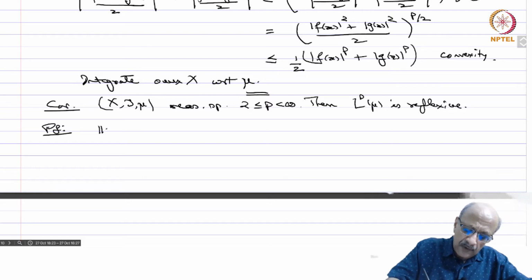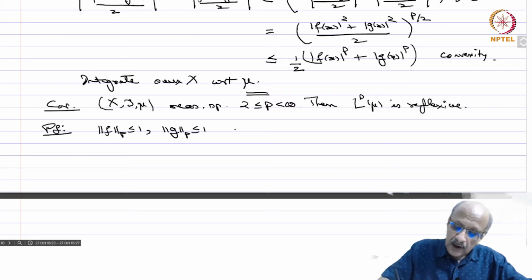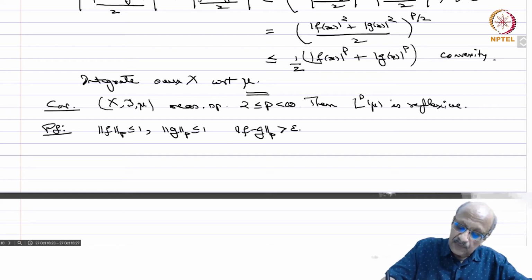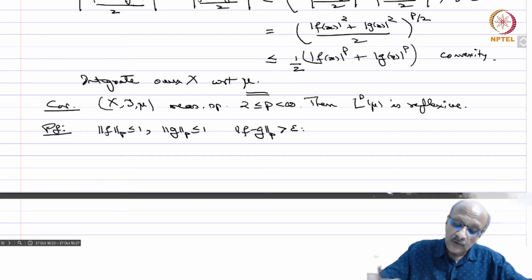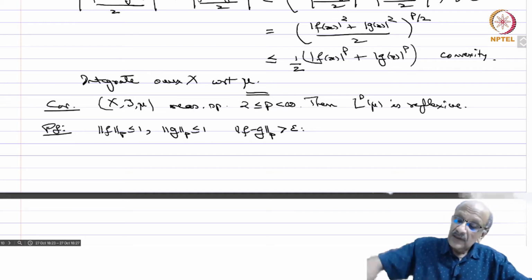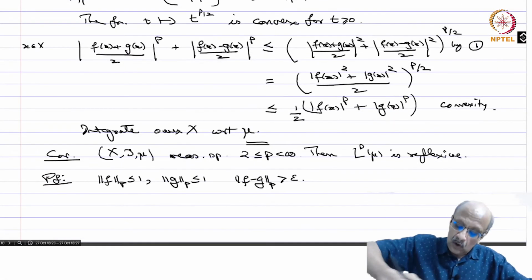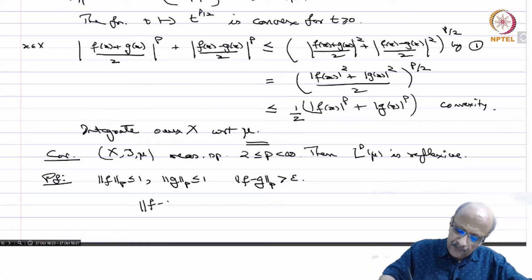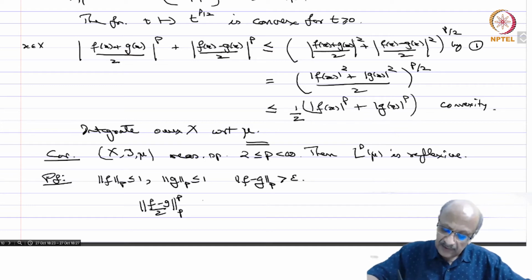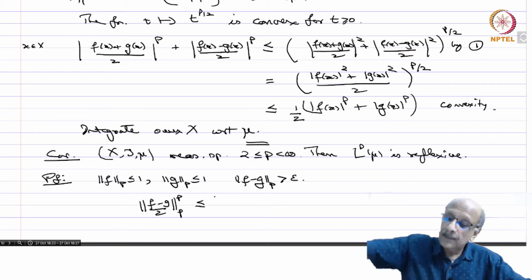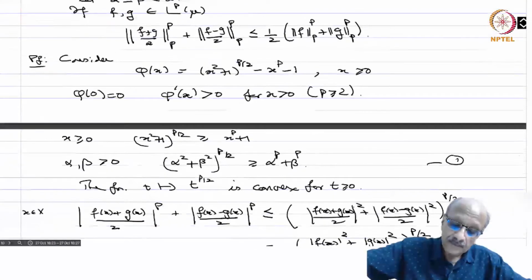So if you have norm f in p less than or equal to 1, norm g in p less than or equal to 1, and norm of f minus g in p is bigger than epsilon, then what you get from Clarkson's inequality is that norm of (f plus g)/2 in p, whole power p, is less than or equal to 1/2 of norm f p plus norm g p.